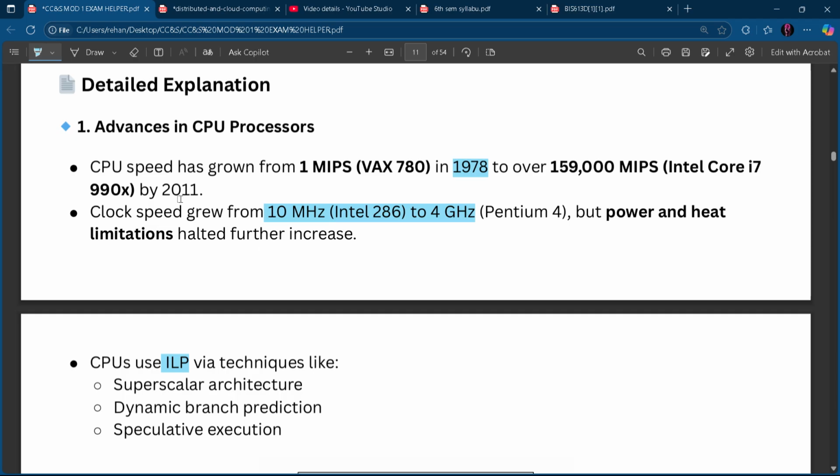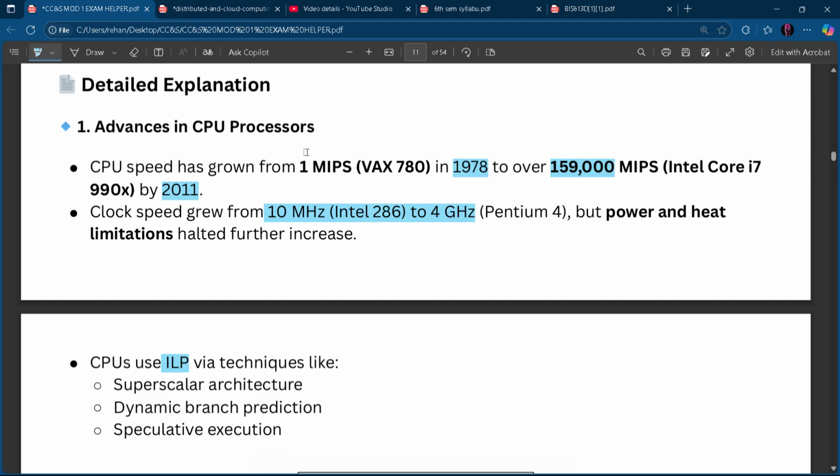And by 2011, Intel Core i7, which you basically see in your laptops whenever you buy it, has 159,000 MIPS. So the speed you can directly say is 159,000 percent more than the first one. From 1978 to 2011, it differs by many thousand percent itself.